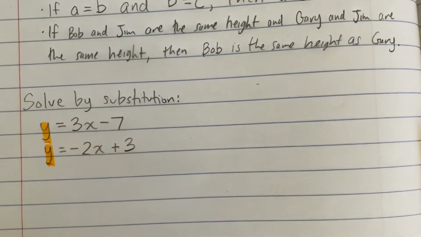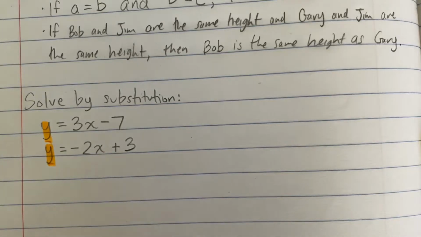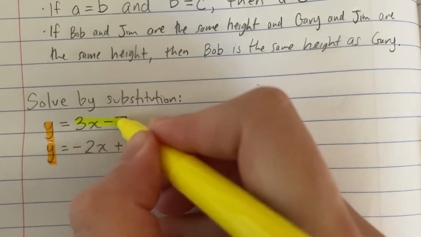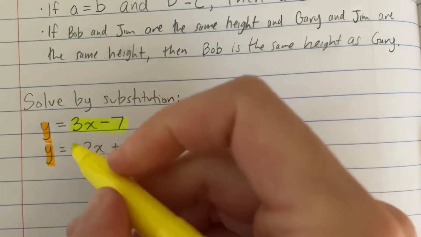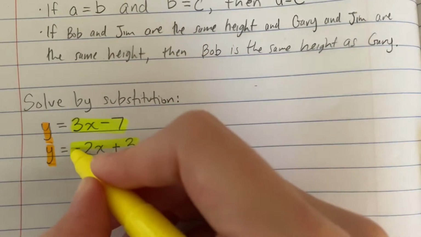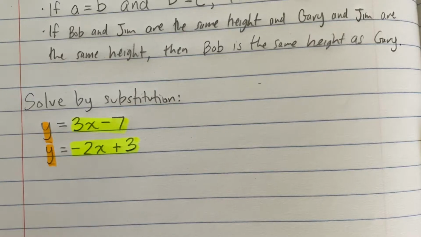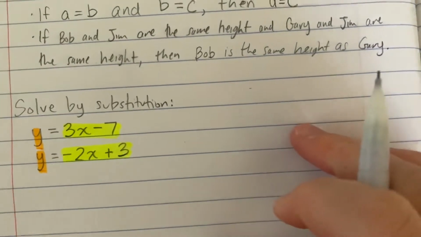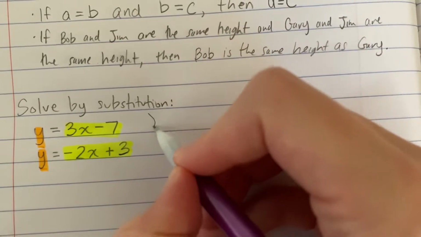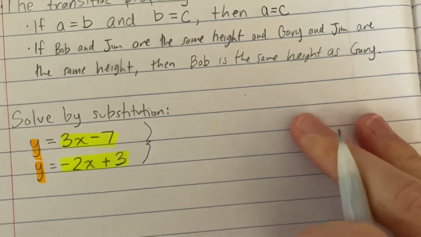So if I'm saying that this 3x minus 7 is equal to this y, and this negative 2x plus 3 is equal to that same y, then what can I conclude?